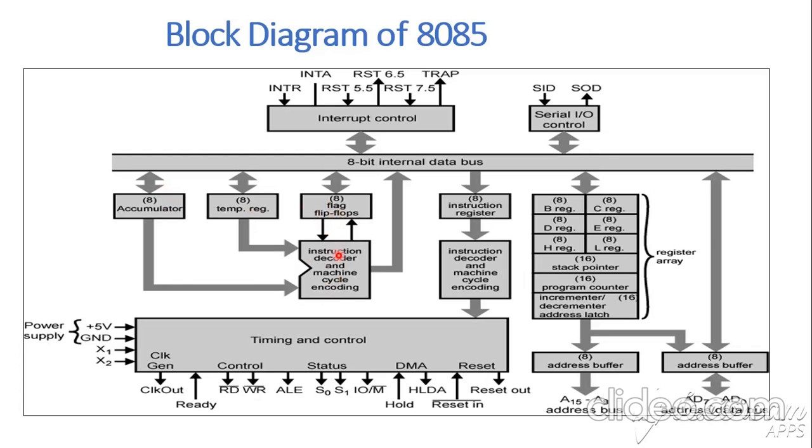These 4 components are the main part of the processing unit. This is the arithmetic logical unit where arithmetic and logical operations take place according to the instruction. And the output obtained is indicated by proper flags here. Then the temporary register stores temporary data and the accumulator stores the output or result of the operation.